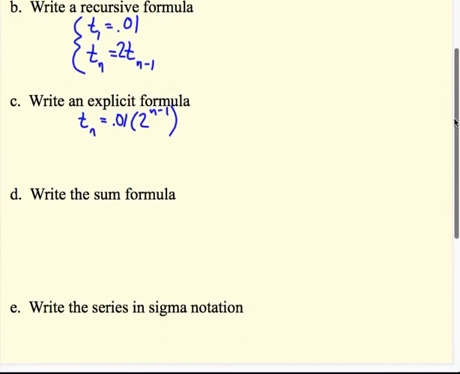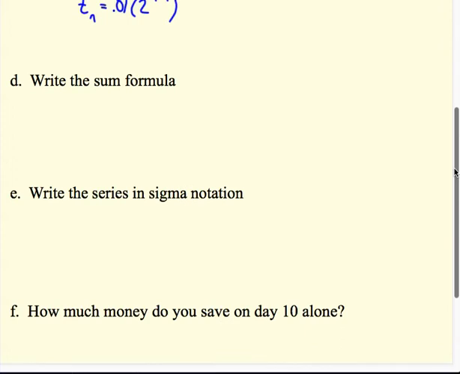So I'm going to save actually finding the sum until the last part, but to write our sum formula, S sub n would be n times, sorry, I was thinking arithmetic, let me back up on this one. Let me remember my geometric sequence. So it would be term 1 times 1 minus the ratio to the nth power.